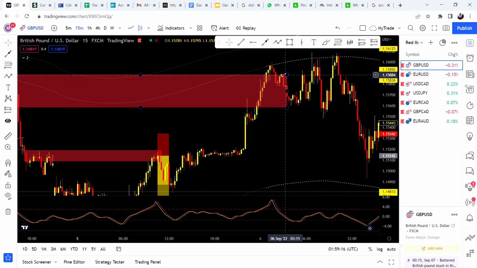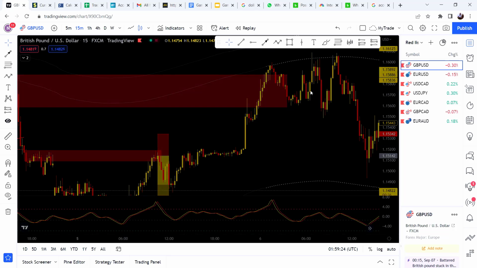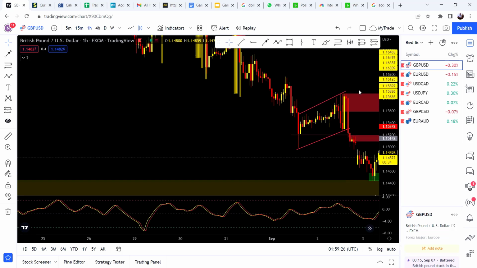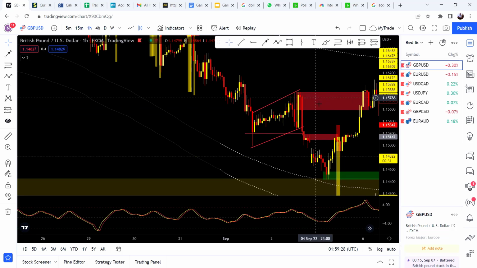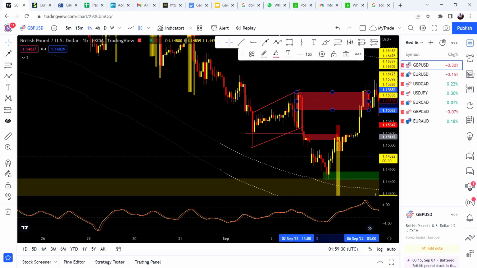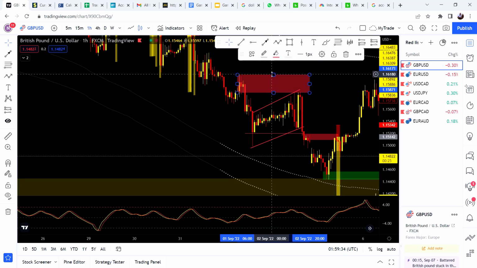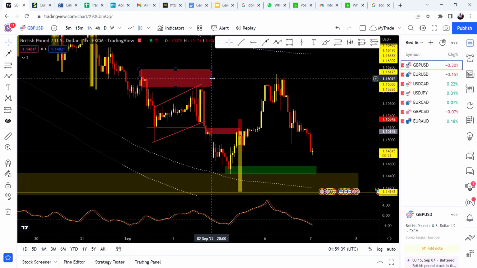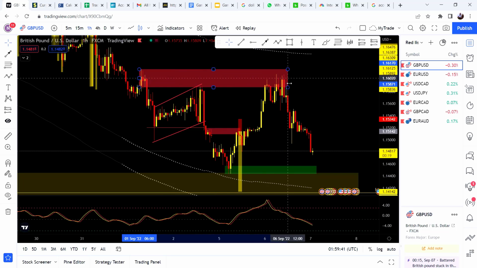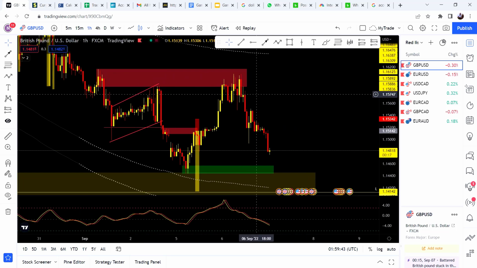So looking at how this broke the zone here, of course, it's not much of a break. Just came back to the 1 hour and checked. So the zone, I changed it to this one because it seems that's what price wants to respect. So that was the mark zone I had here.